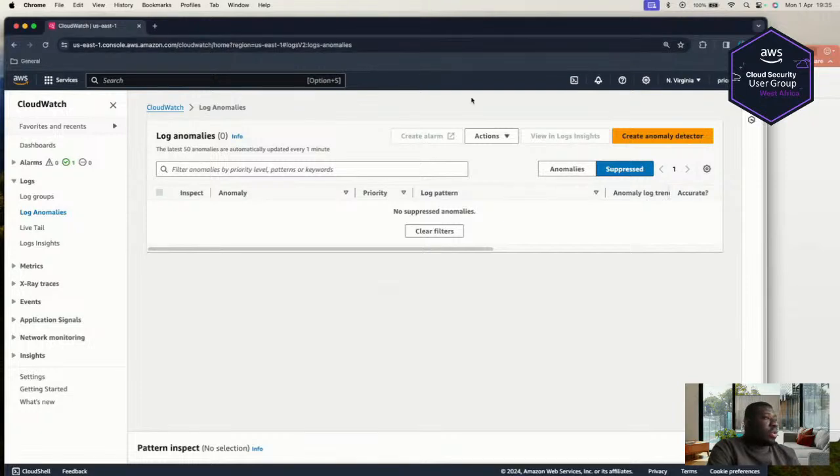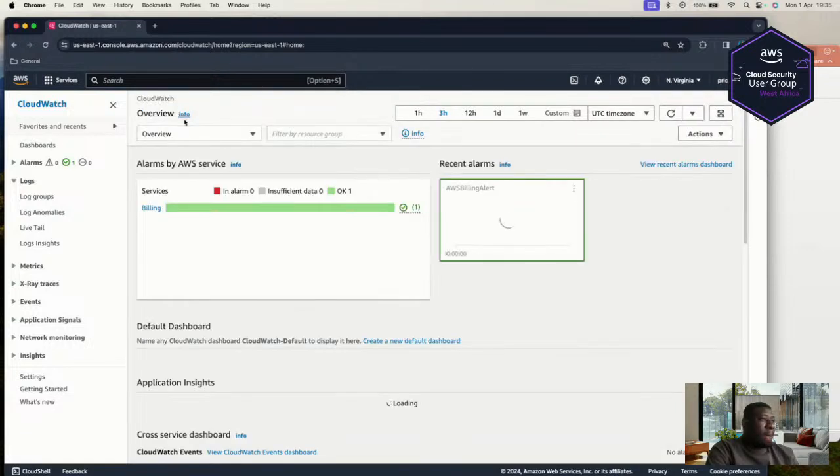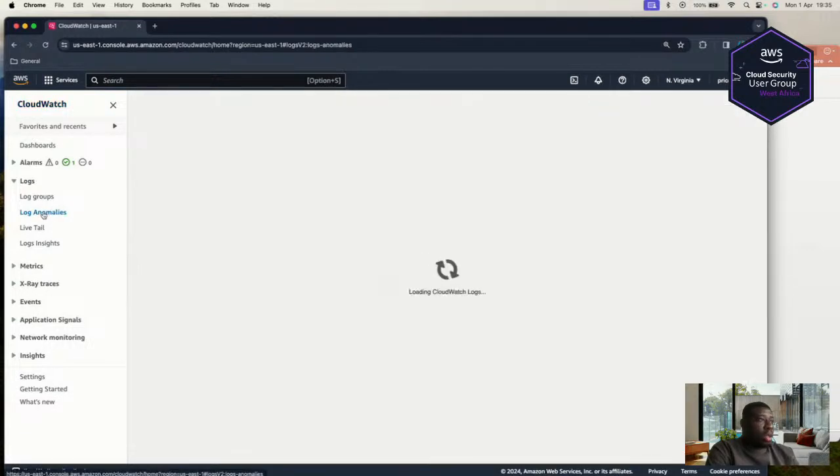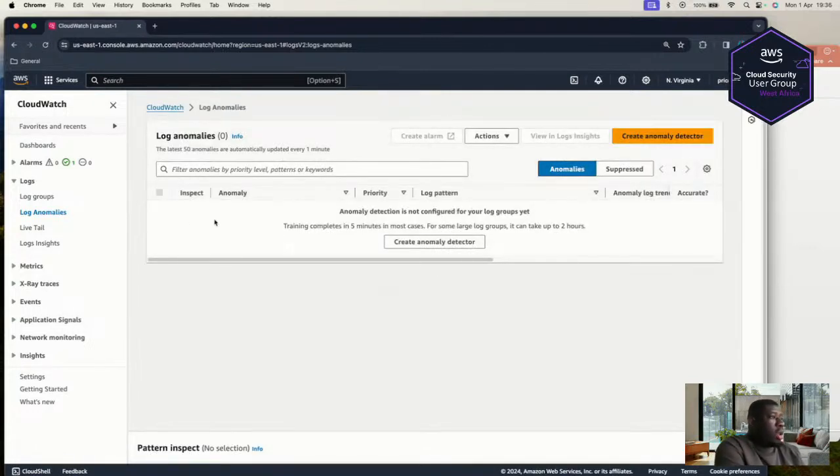All you need to do in this scenario is to come under, I think I saw it, just a minute now, here, yes, log anomalies. Once you have created that log anomaly, this button will be activated.